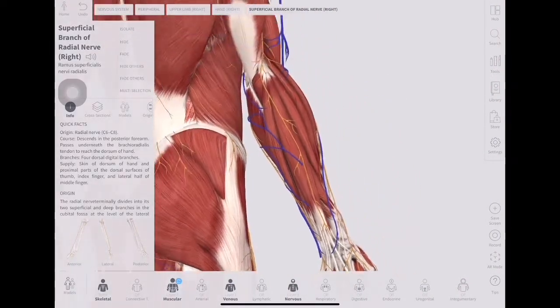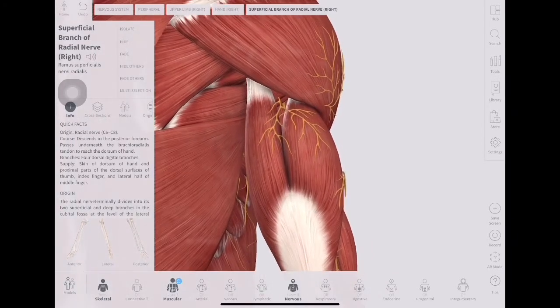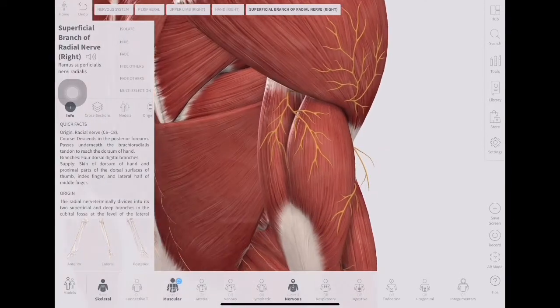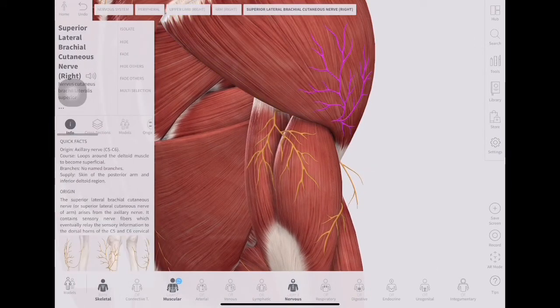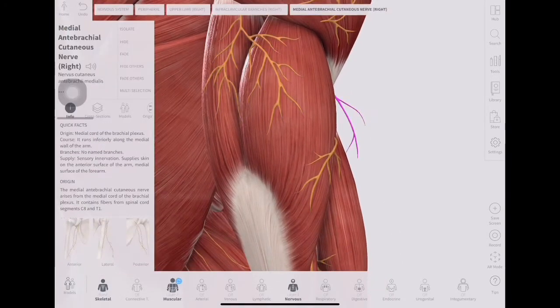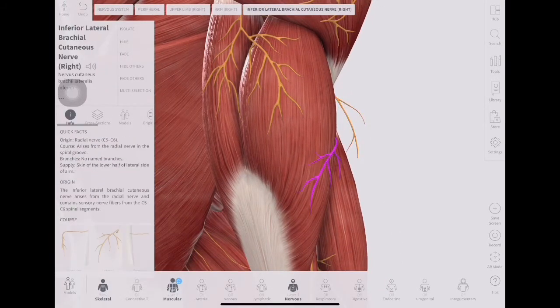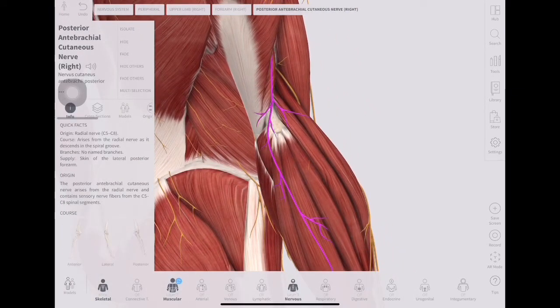Focusing on the deltoid, we'll be able to appreciate the superior lateral cutaneous nerve of the arm emerging beneath the deltoid, as well as the posterior cutaneous nerve of the arm. The inferior lateral cutaneous nerve, as well as the posterior antebrachial cutaneous nerve, both originate from the radial nerve.